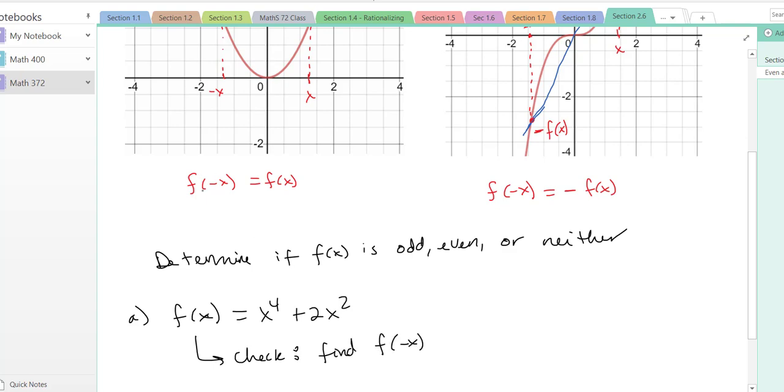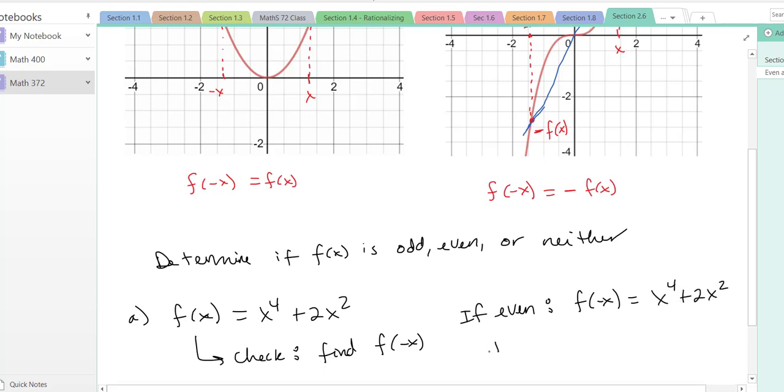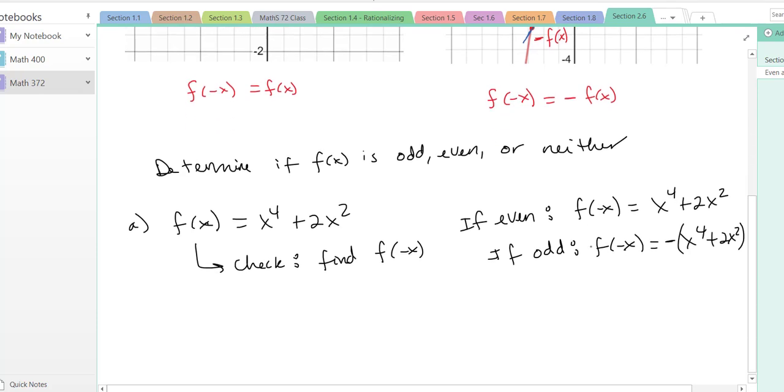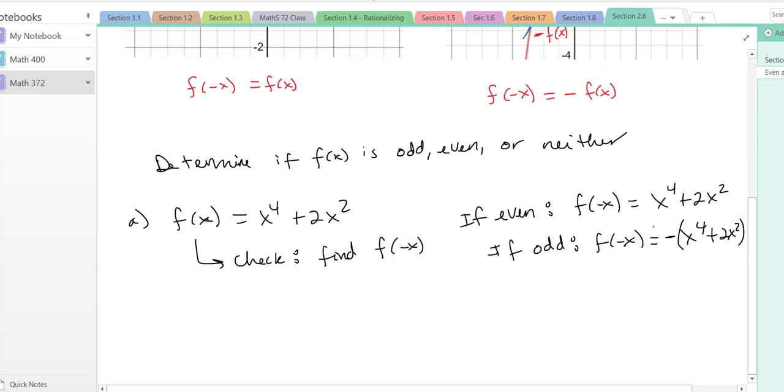If it's even, f of negative x will be f of x, the original function again, the exact same thing I started with. If it's odd, then f of negative x should be negative x to the 4th plus 2x squared, the opposite of what I started with. And if it's neither, we'll get neither of those.